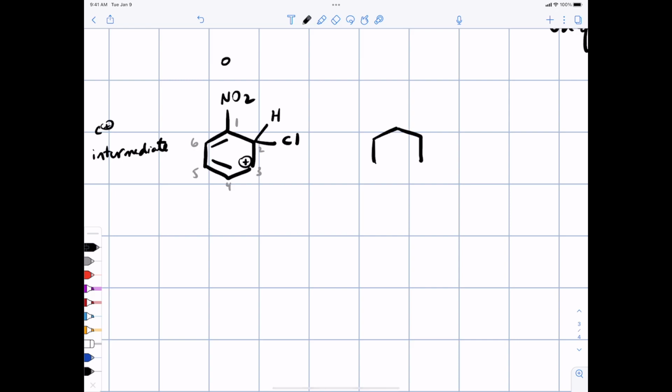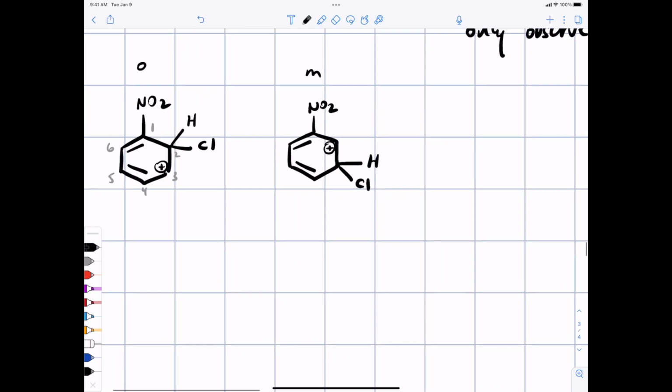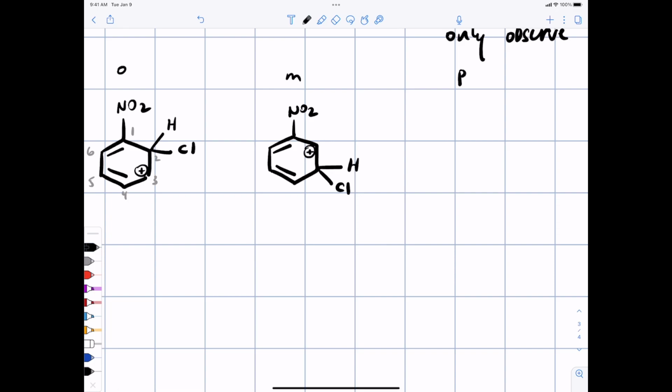Let's do the same for the meta position, and then let's do the same for putting the chloro at the para position.